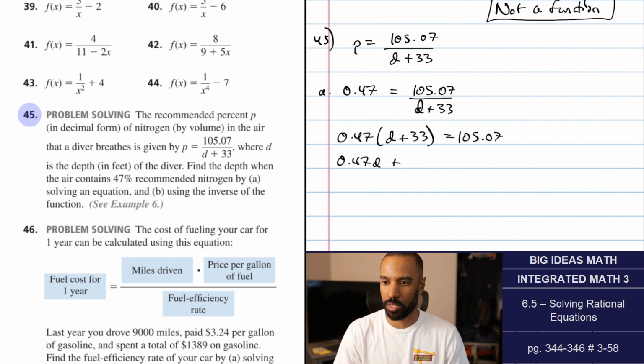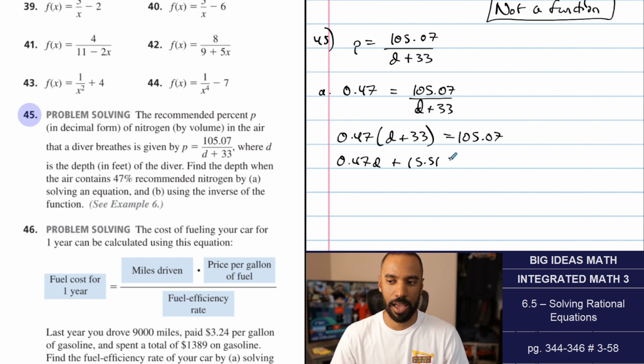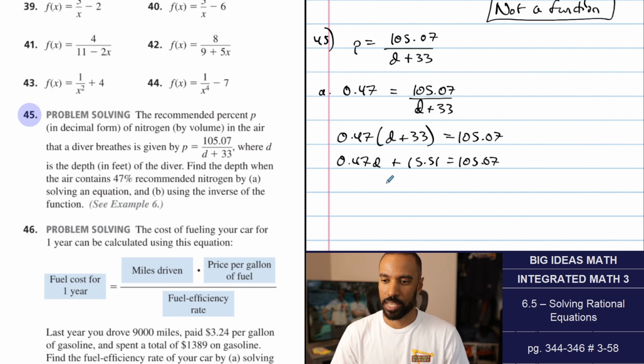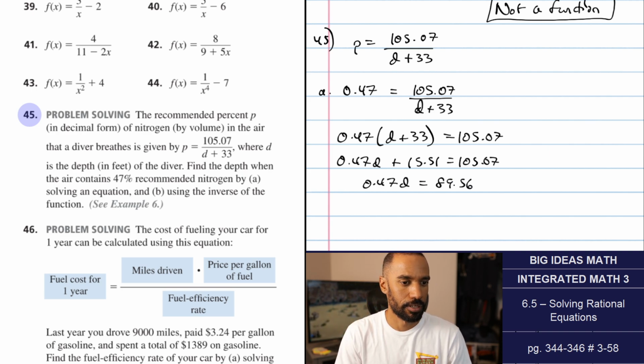0.47 times 33 is what I've got to do next here. The rest will be really in the calculator. 15.51. I'm going to subtract 15.51 from 105.07. And I get 89.56. Then I divide both sides by 0.47.